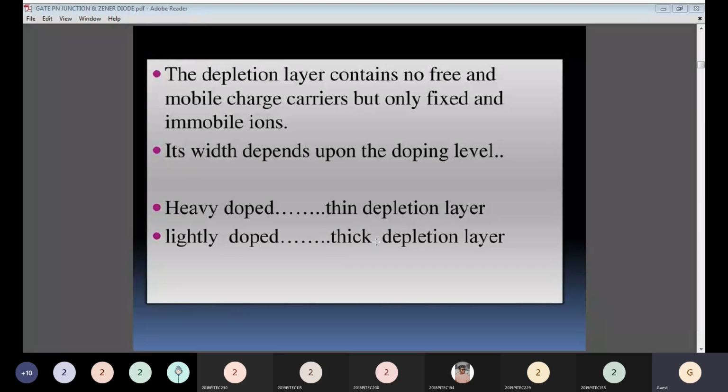Imagine if we add more impurities, the mobile charge carriers gain concentration, so they can conduct the flow of current. So the depletion layer will be very thin if heavily doped. If lightly doped, the depletion layer will be thicker, and it does not provide free charge carriers to conduct the flow of current.